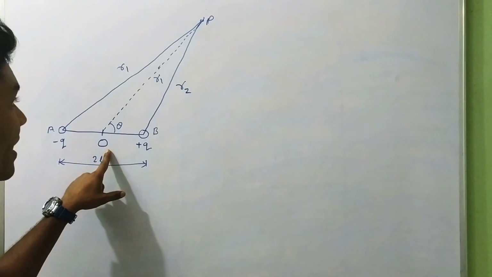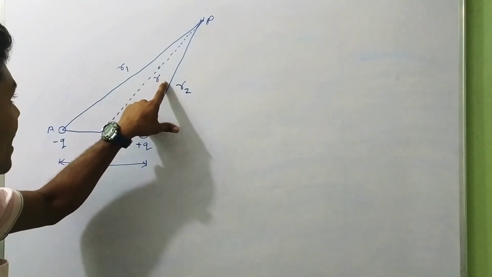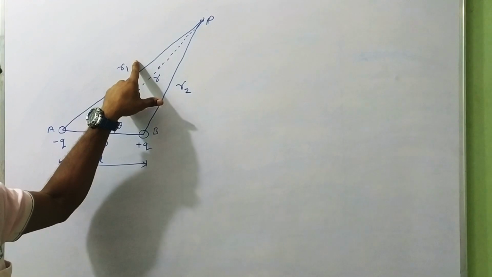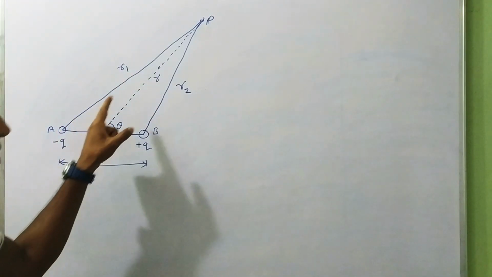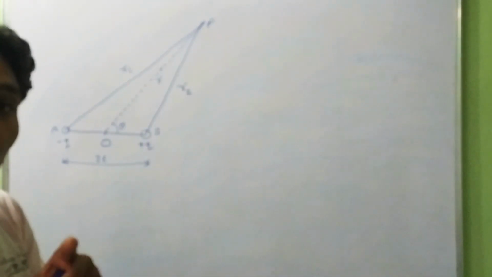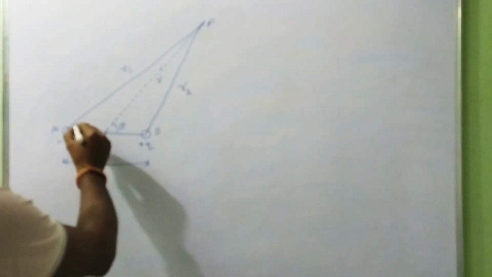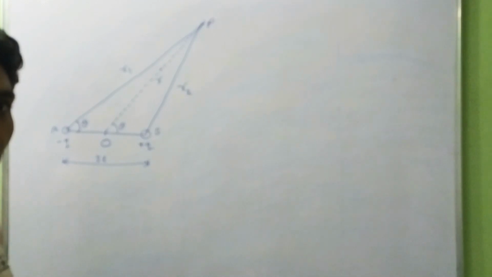So we can say that the distances R1 and R2 are approximately equal, or the lines AP and OP will be approximately parallel. So this angle will also be theta.